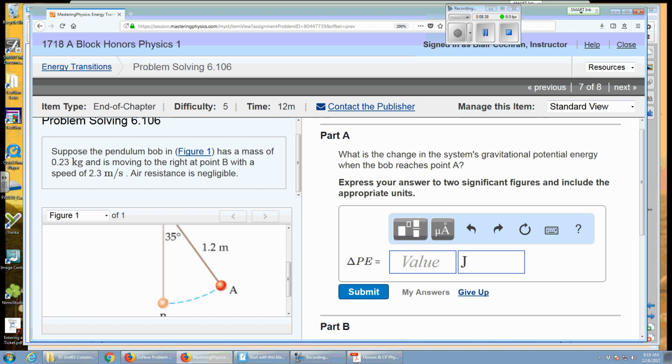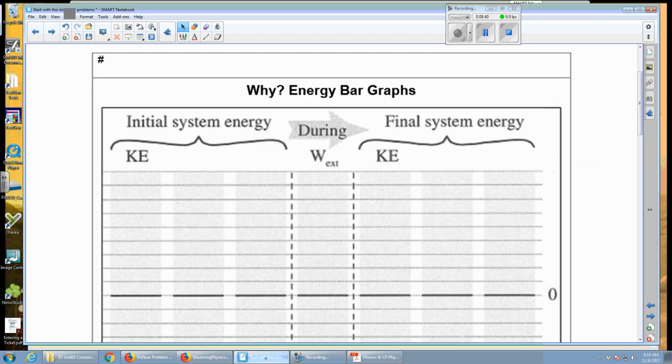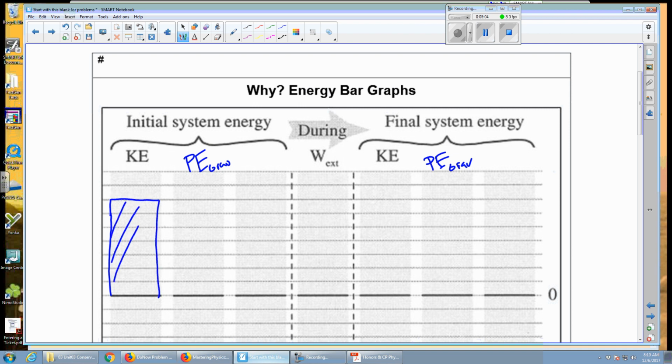All right, so they told me forget about air resistance, so that's telling me there's no external work. I know there's going to be PE grav along the way. Probably not PE spring because there's no spring in the problem. So, a bunch of kinetic energy here to start with, 7 of those.